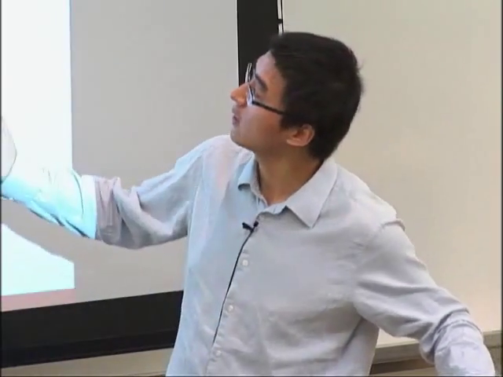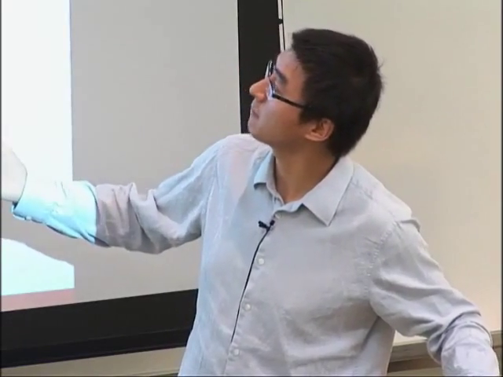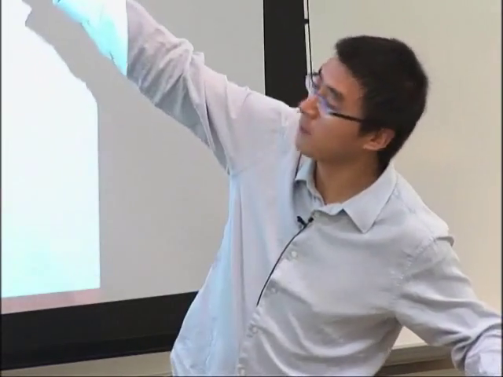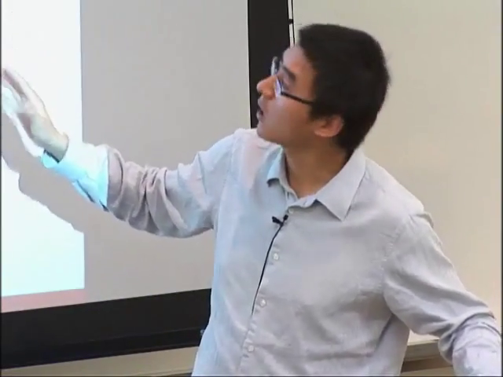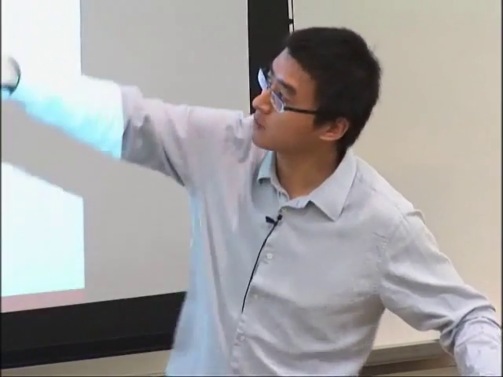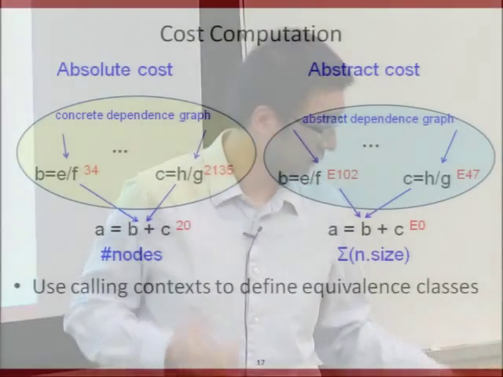In this way, we can easily find that, first of all, the abstract dependence graph is much easier to compute, and second, it's easier for the programmer to make sense of, because the abstract cost for an equivalent class is essentially the absolute cost for a set of runtime instruction instances aggregated based on some kind of abstractions, right? Now the question is, what is the appropriate abstraction that we can use for computing cost here? That's basically your question, right?